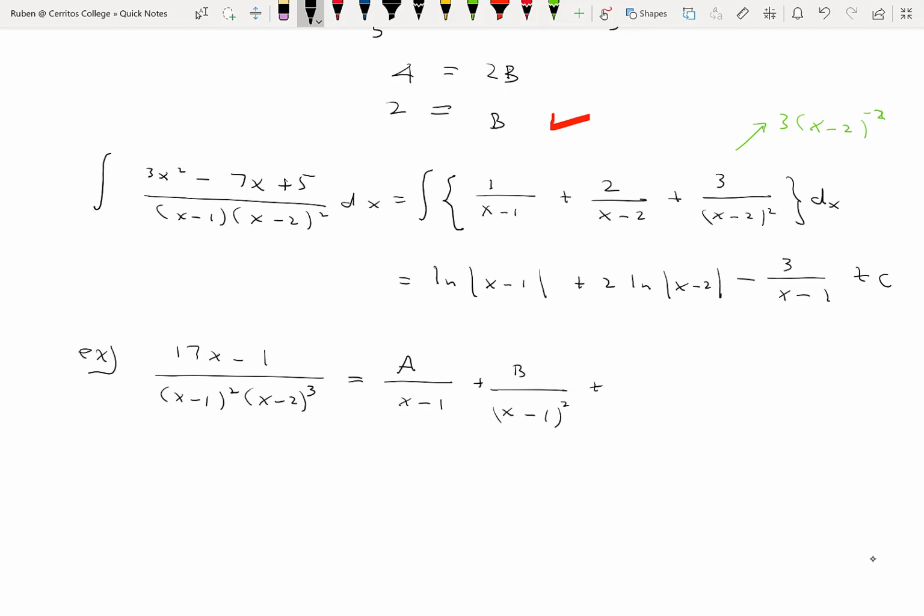So how many more terms are we going to have in this partial fractions decomposition? 3. We're going to have one with x minus 2, another with x minus 2 squared, and a last with x minus 2 cubed. So C, D, and E for our constants.